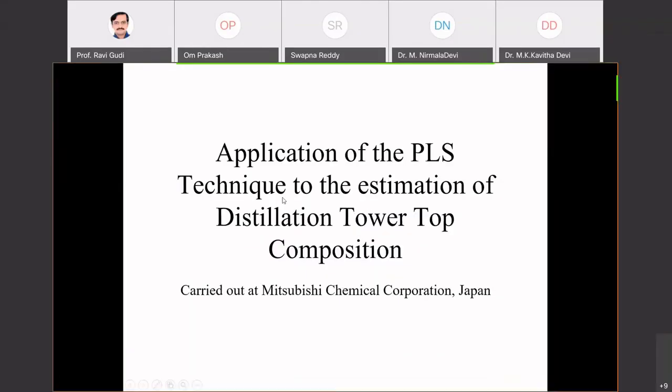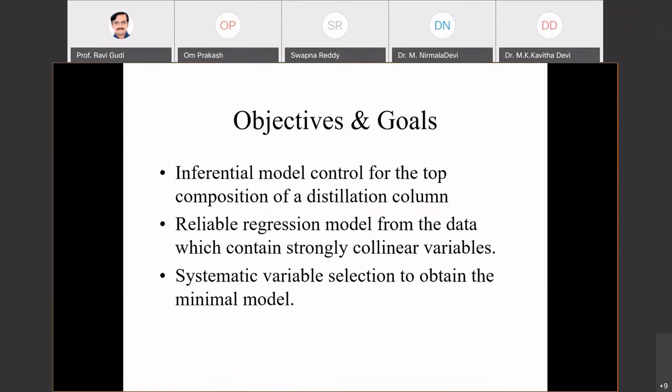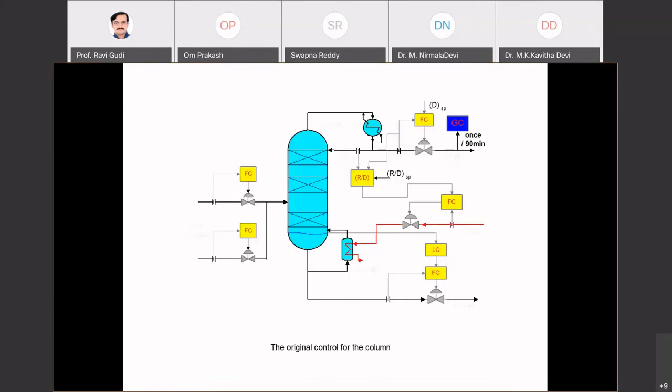So this is one example. I alluded to this in the inferential sensing. So here, this is an example of PLS as applied to estimation of a distillation tower top composition. And this is something that was done way back at Mitsubishi, Japan. And here is the problem.